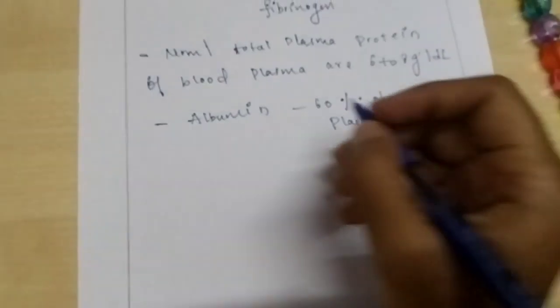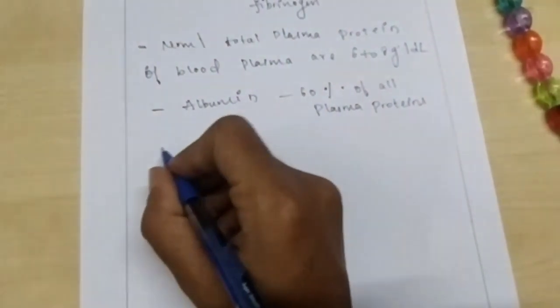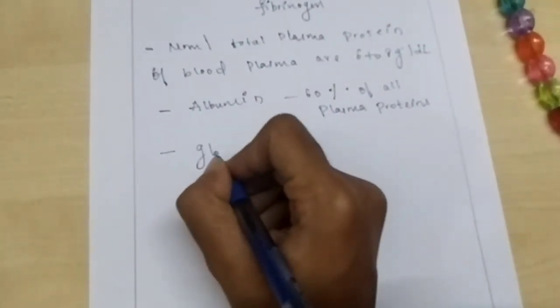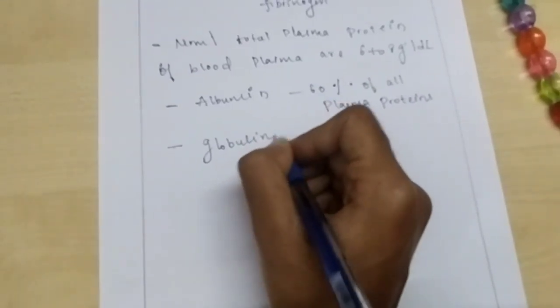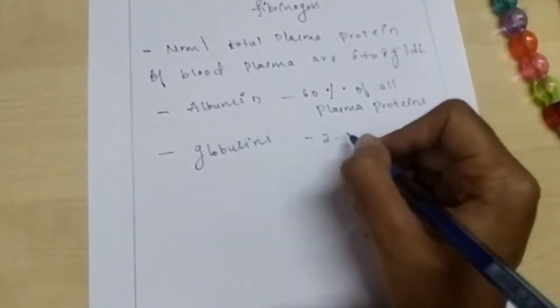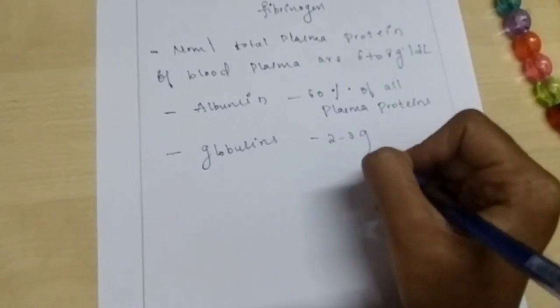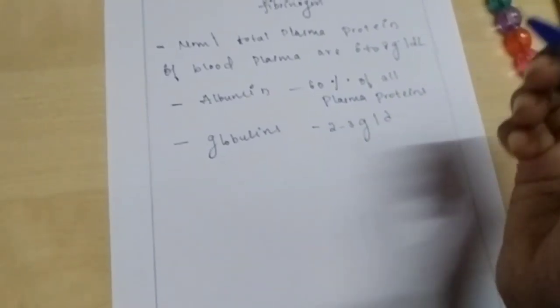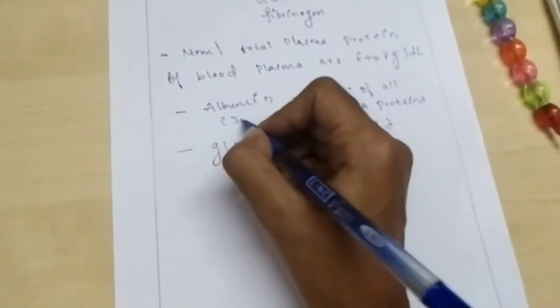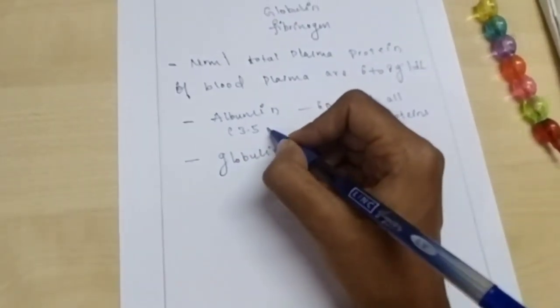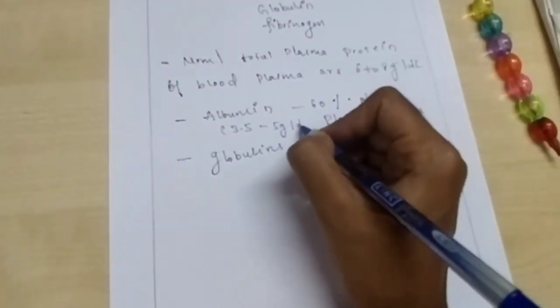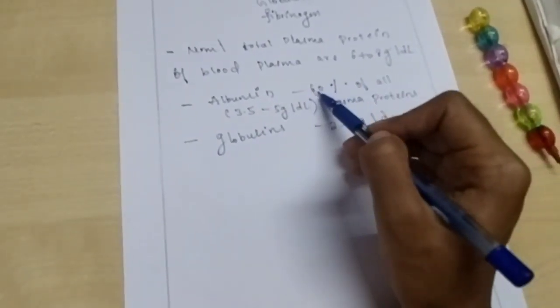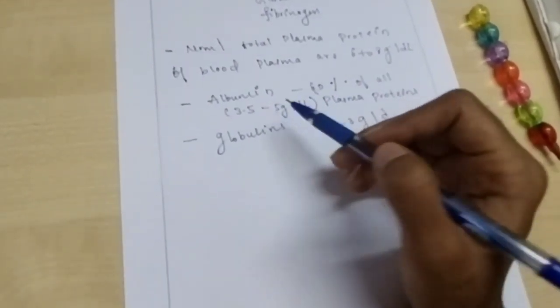And next come globulins. It is about 2 to 3 grams per deciliter, and I forgot the point that albumin is 3.5 to 5 grams per deciliter. 60% is measured in this form.